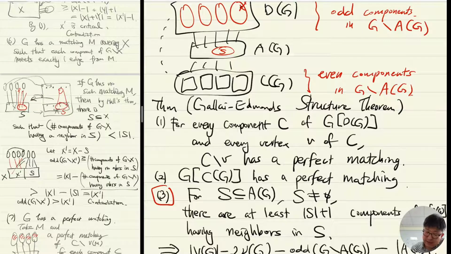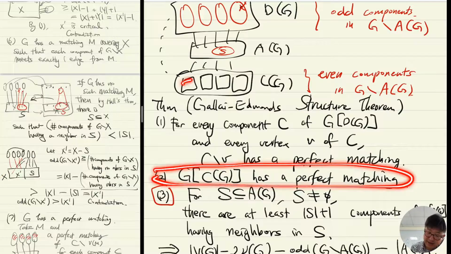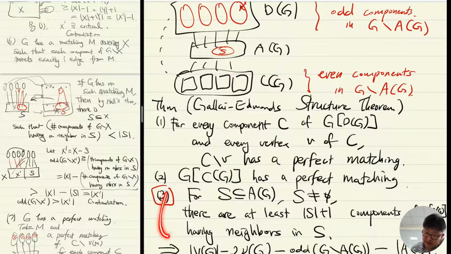By the second property, I have a matching covering everybody here. By the third property, I can cover A by a matching between A and other components, not using this particular one, because I have an extra one, so I can delete this and join A to distinct other components. Now, by property 1, for each odd component, if I have joined an edge, I can find a matching covering all the remaining vertices.